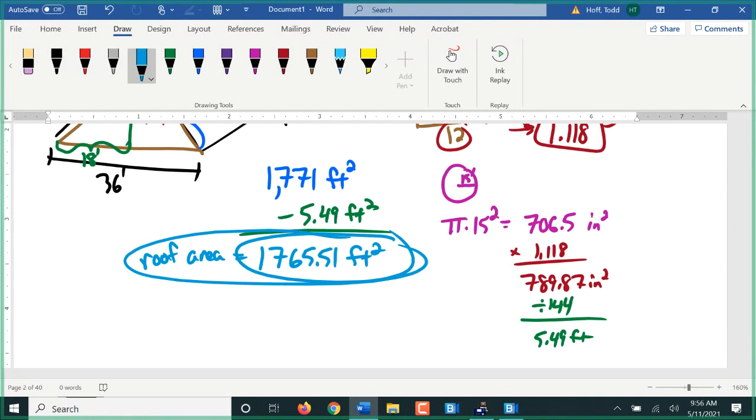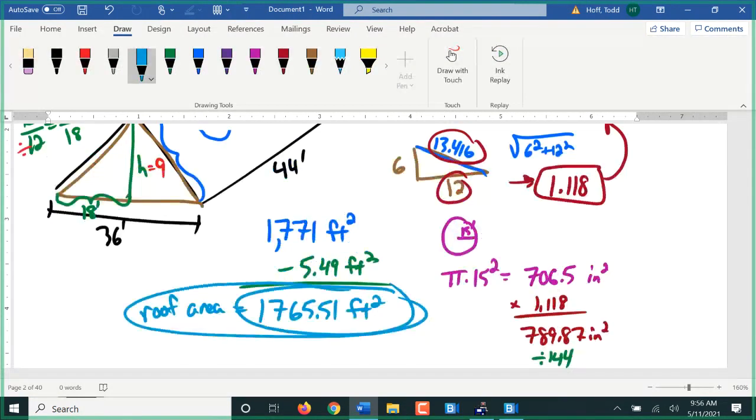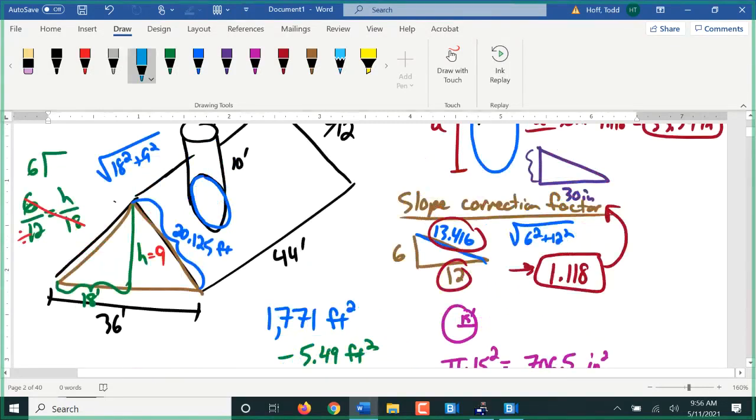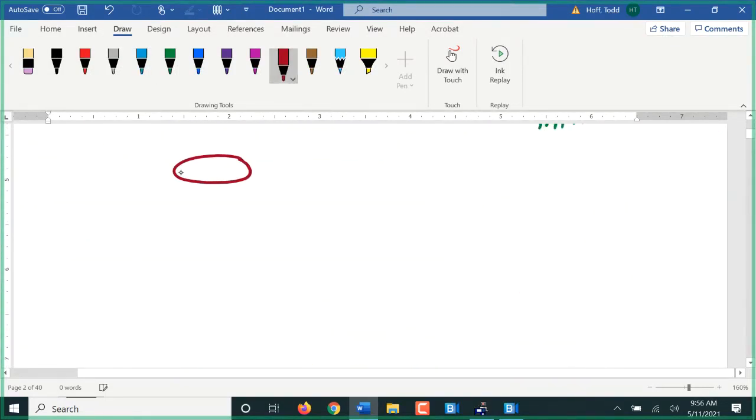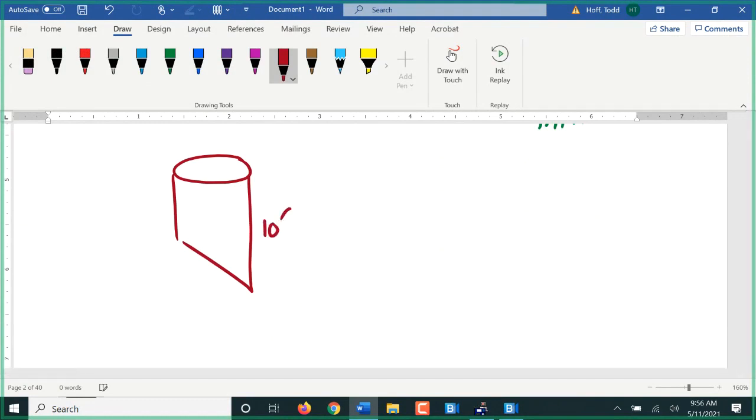Now, we're asked to find the lateral area of the chimney and the volume of the chimney. To do that, we need to first find the short side of the chimney. We know the long side is 10 feet. We're going to look at this triangle here. This is 30 inches on a 6/12 slope.